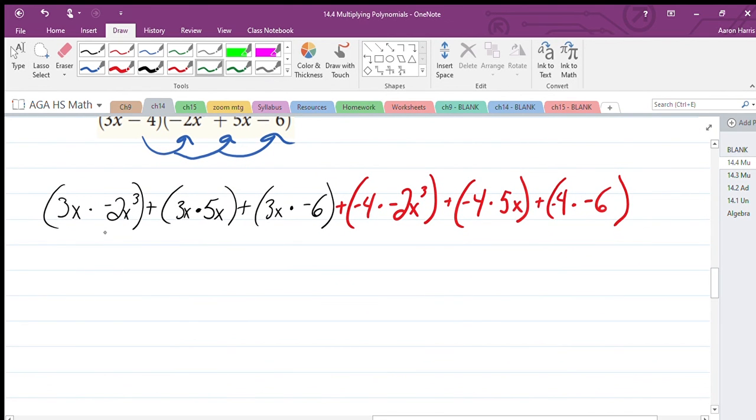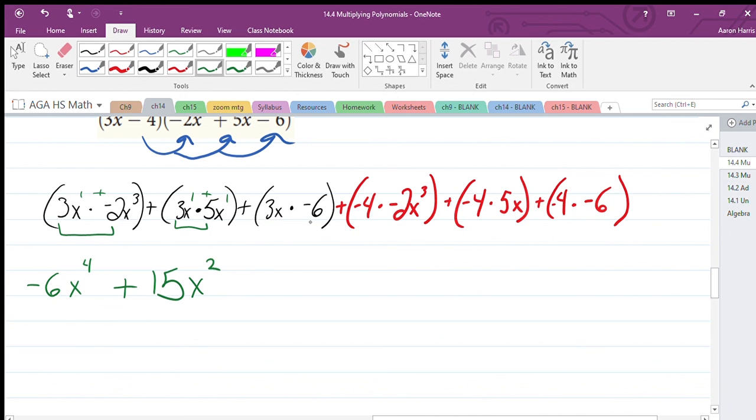3 times a negative 2, I get negative 6. This has x to the first, and this is x times x cubed, so I do what? 1 plus 3. 1 plus 3 is what? 4. So here, 3 times 5, I get what? 15. This is x to the first, x to the first, x times x. I add the powers. So that's x squared, because 1 plus 1 is 2.